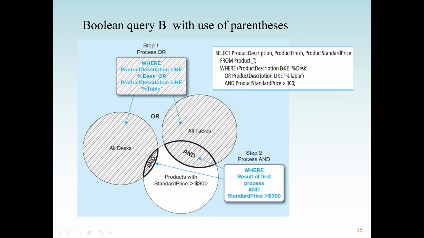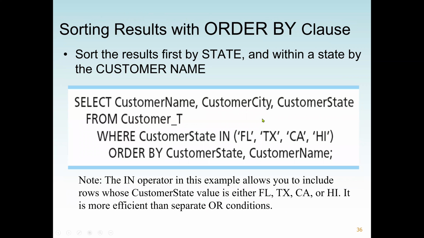That's the same example we have here. Also, we can sort a result. When we sort a result in SQL, we use the keyword order by. So let's see this example. Select customer name, customer city, customer state from the table named customer T, where the field customer state can be only in Florida, Texas, California, or Hawaii.